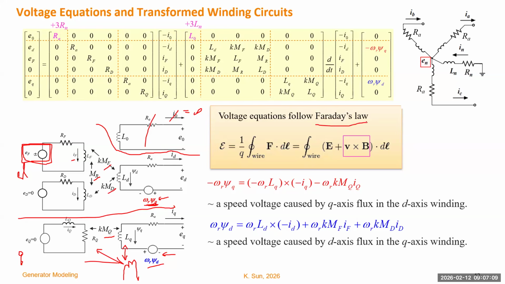Based on Faraday's law, the total voltage you can generate for the system side, which has ED and EQ as two components, depends on the change of the magnetic field and also a speed voltage, which can be treated as the product of the speed and the magnetic field. In our case, that is the rotor speed multiplied by the flux linkage, decomposed into the D and Q axis components.